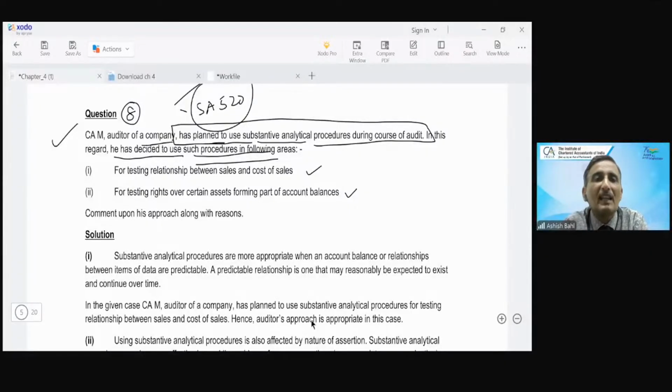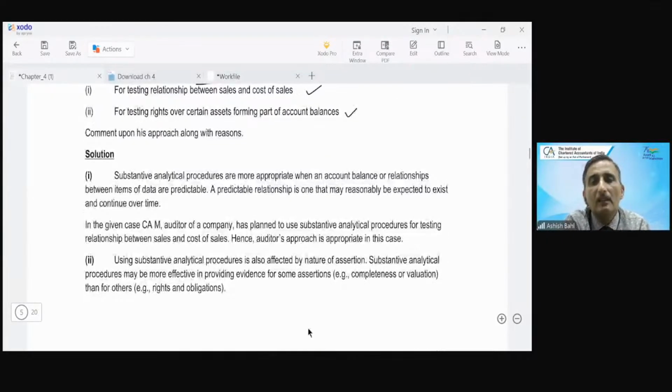So substantive analytical procedures are one of the right procedures in this situation. But for testing rights, like ownership rights, how are analytical procedures going to be of much use? These are less used in cases of rights and obligations. Okay.